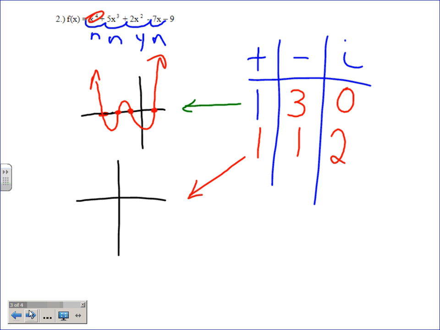How about 1 positive, 1 negative? Lots of ways of doing this one. I told you it could be a parabola if you wanted it to be, right? But you can actually fit a W in here if you wanted to. Anybody kind of know how to fit a W kind of shape in there? Not what I was thinking, but that works.